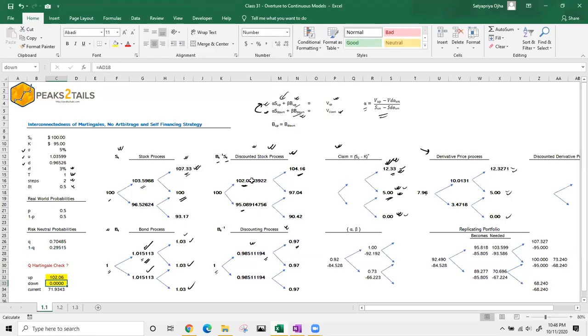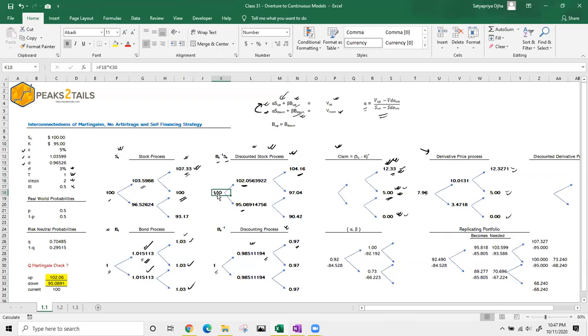You see the expectation of discounted stock price is 100, which is exactly the value today. All right. The average future value remains the same. It is equal to what you have today.